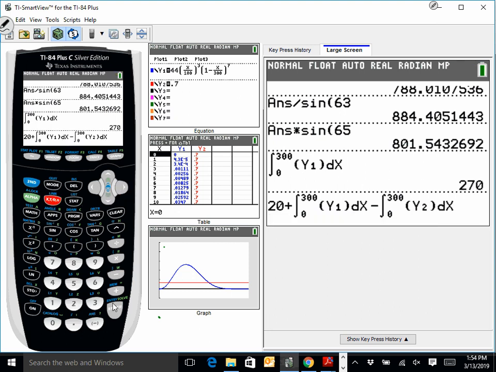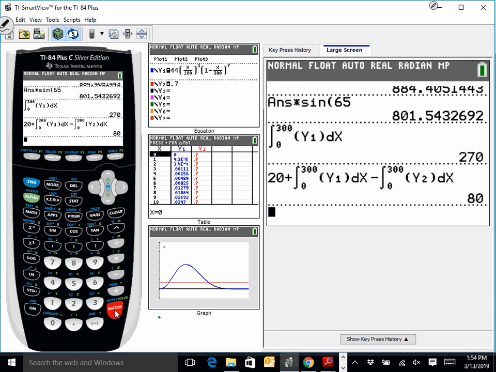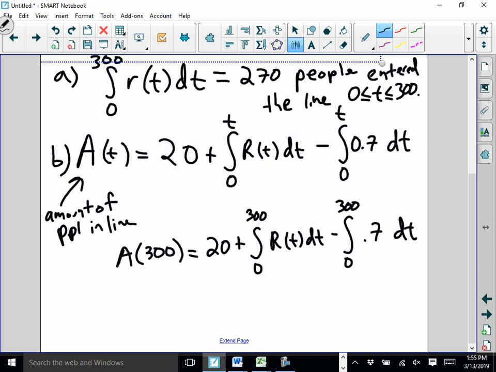Okay, and that tells us that there are 80 people in line at t equals 300. Okay, and that's my answer.